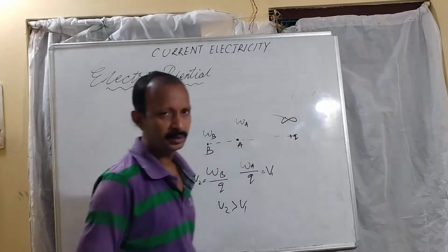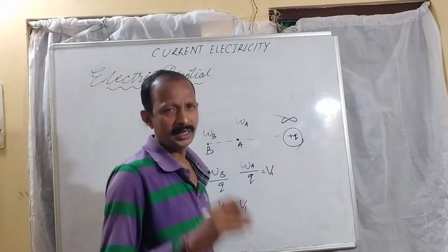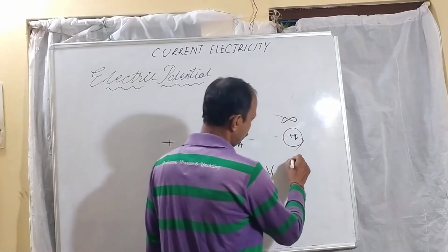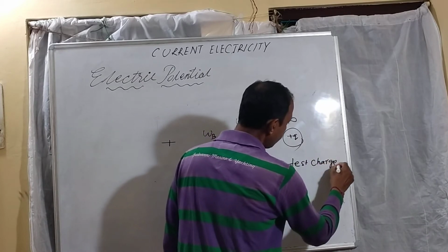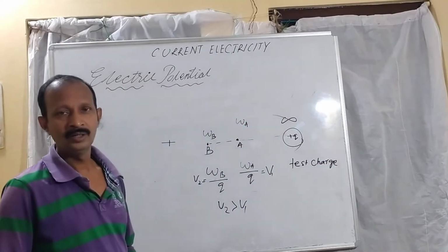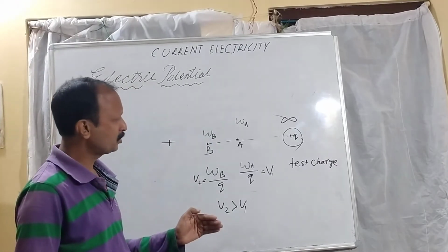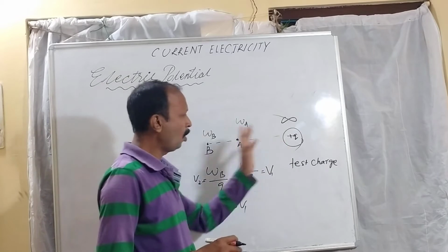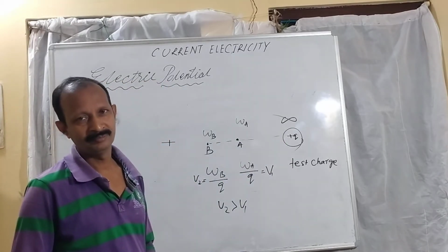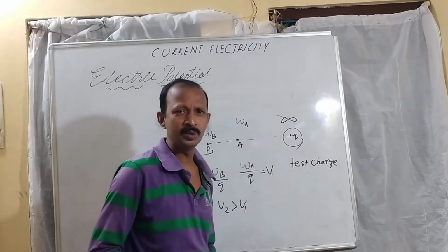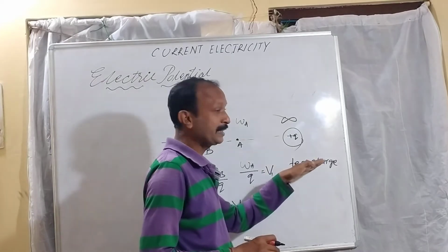One more thing I would like to say. This charge that we use, generally we say it as test charge. Why do we say the test charge? Because this charge we use to know the strength of the electric field. For test purposes we use it. That's why we say it is a test charge.